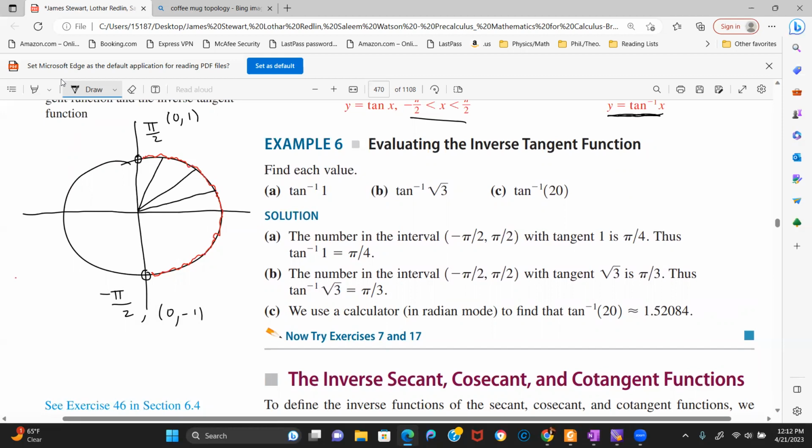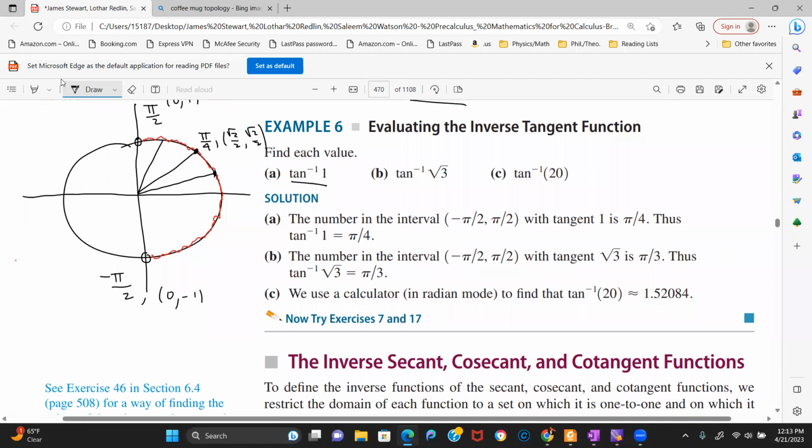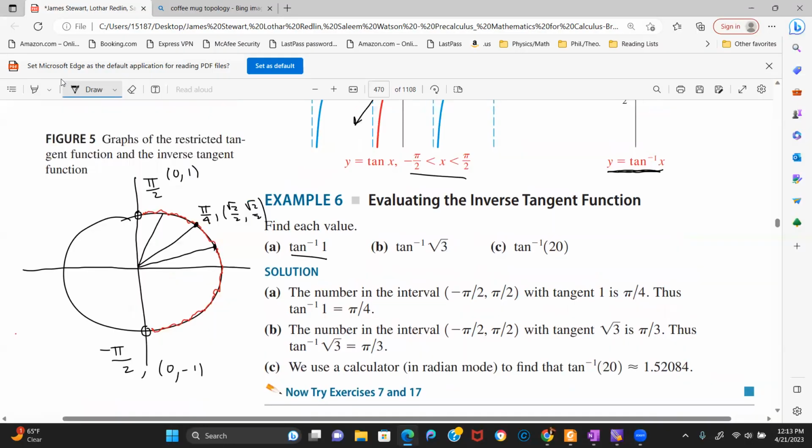So this point right here, actually I'm going to only draw the point that we need. It turns out that this right here is going to be pi over 4. Why is that? Well, pi over 4 corresponds to the point (root 2 over 2, root 2 over 2). So tangent inverse of 1 is going to be equal to pi over 4.